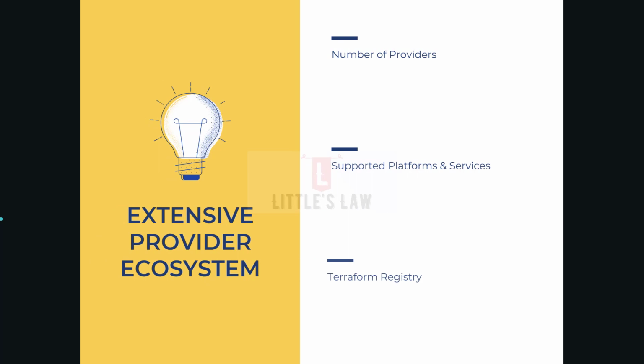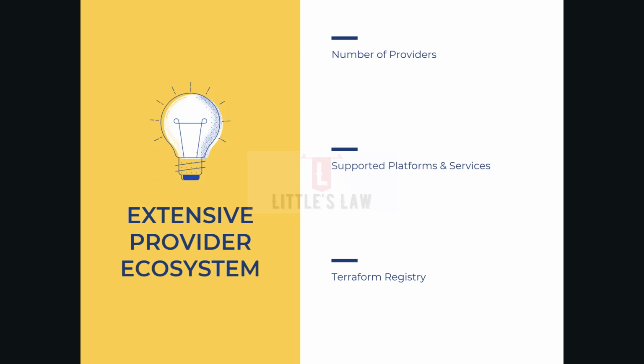Moving on to the next topic in managing infrastructure, here comes the extensive provider ecosystem. The first thing is the number of providers. HashiCorp, the company behind Terraform, along with the Terraform community, has developed and maintains over 1,000 providers. These providers cover a wide range of platforms and services, including but not limited to Amazon Web Services, Azure, Google Cloud Platform, Kubernetes, Helm, GitHub, Splunk and Datadog.